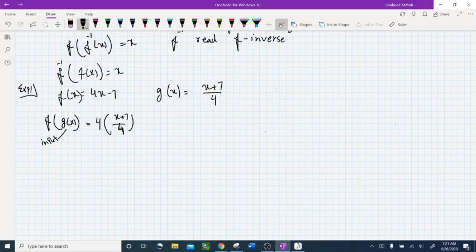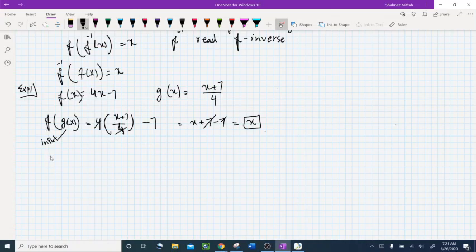So that's what I got here, minus 7. Now let's solve this. The 4 and 4 cancel out, so I'm left with x plus 7 minus 7, which gives me x because they cancel out. So when everything is equal to x, I know g of x is the inverse of f of x.